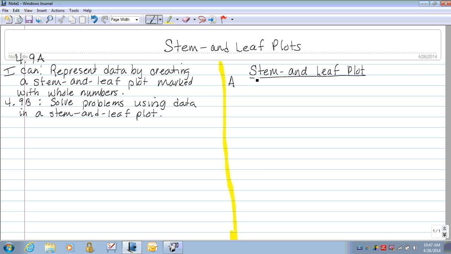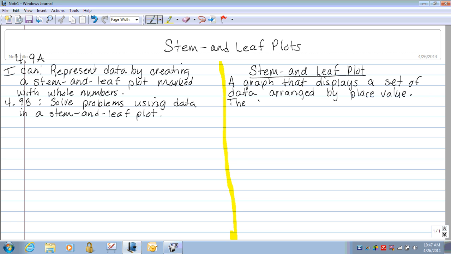A stem and leaf plot is a graph that displays a set of data arranged by place value. We know what place value is. We worked a lot this year on place value.